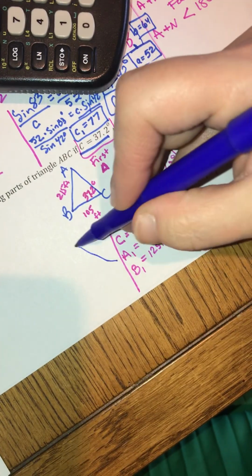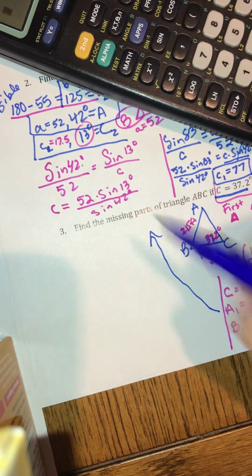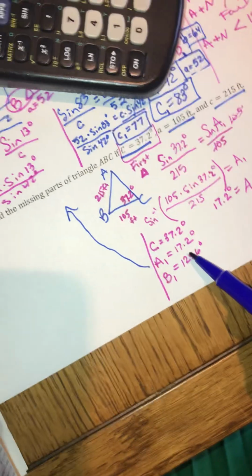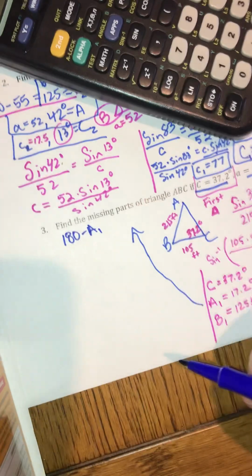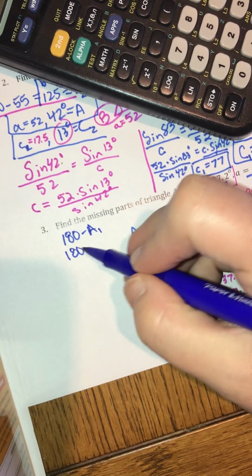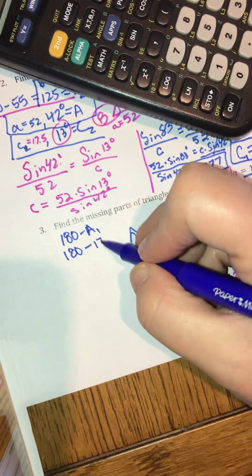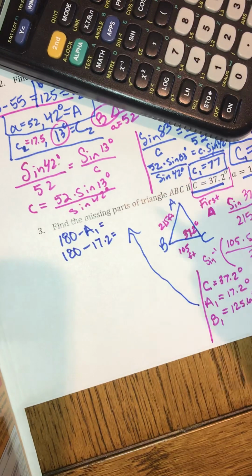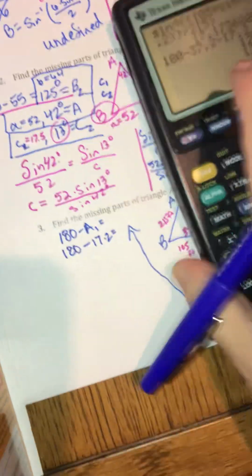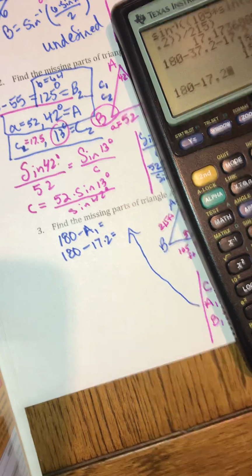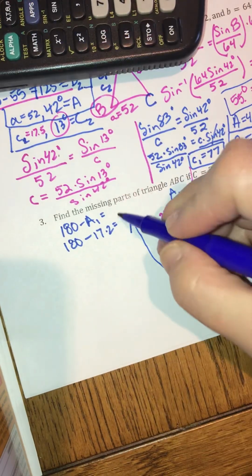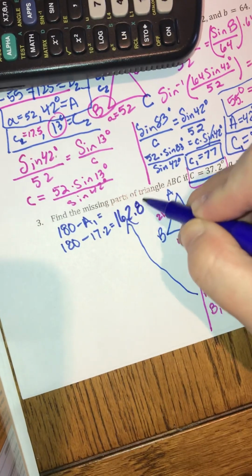Maybe not. Okay, I'm going to take that A1 and try to figure out the other angle. So if A1 is 17.2, then I take 180 minus that A1, and that gives me 162.8 degrees.